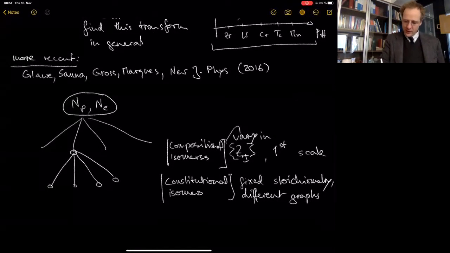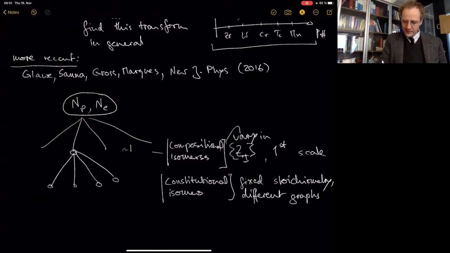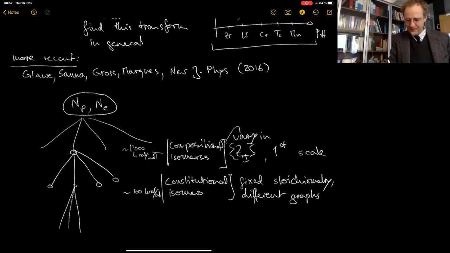So this is on the order here, let's say 1,000. This is on the order of 100 kcal per mole.